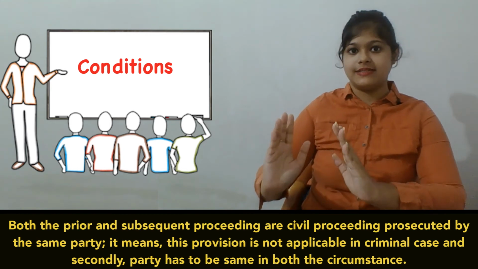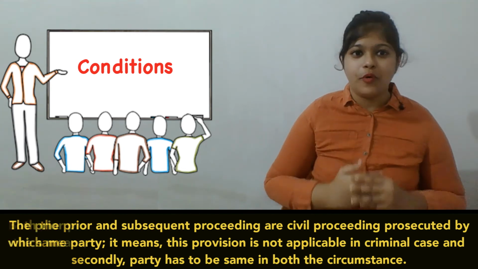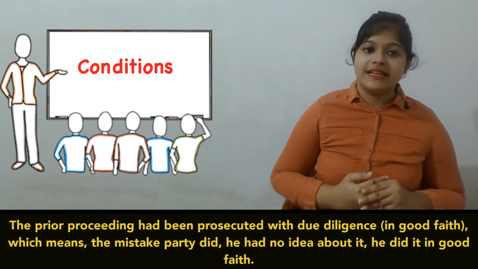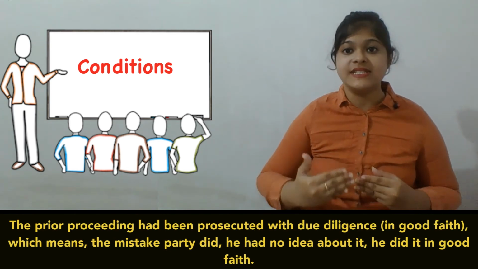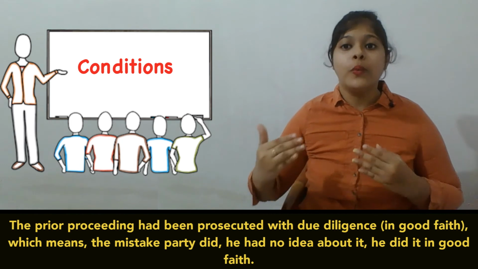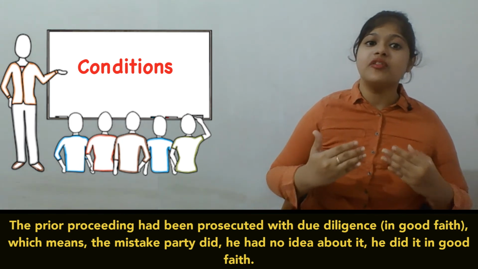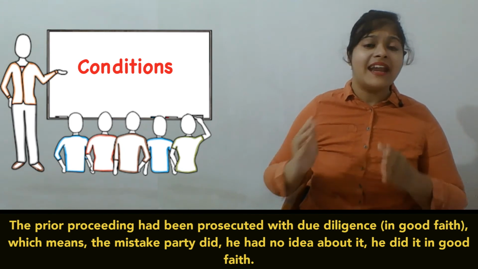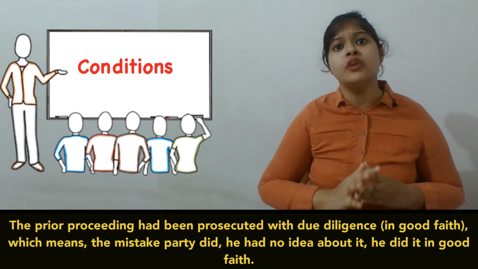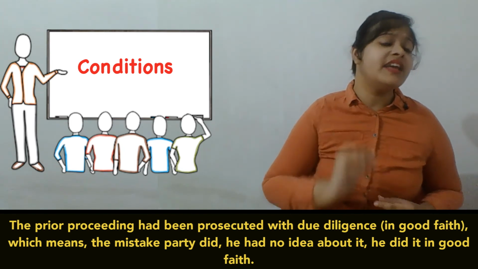The second point is that the prior proceeding has been prosecuted with due diligence in good faith, which means that the party made a mistake, had no idea, and instituted the suit in good faith. This is a very important ingredient.